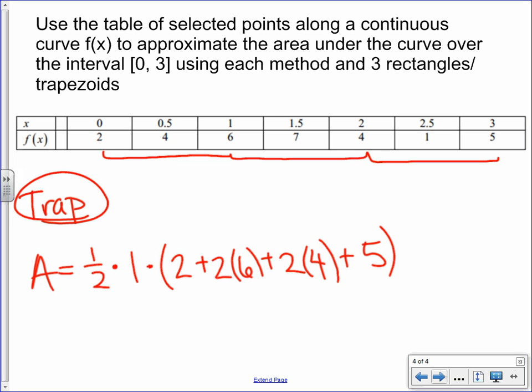That would be 13. That's not what I got. Oh gosh, what am I doing? I wrote the 13.5 over 27.